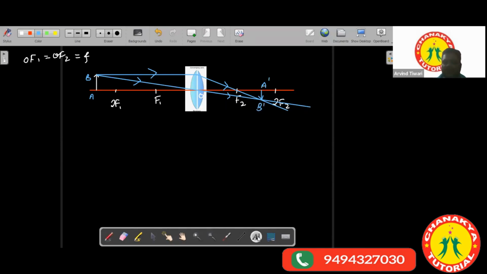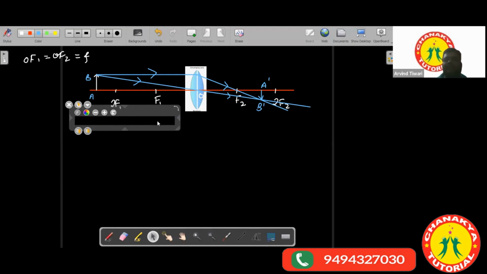Now we can list out the characteristics of the image which is formed when the object is placed beyond C. So here we had placed the object beyond 2F, and we have some image characteristics.